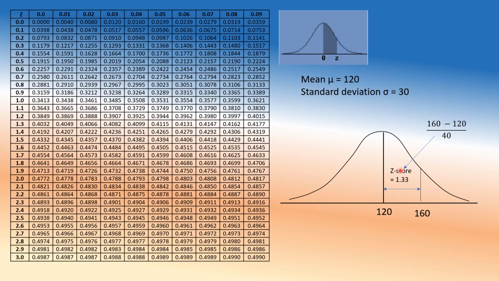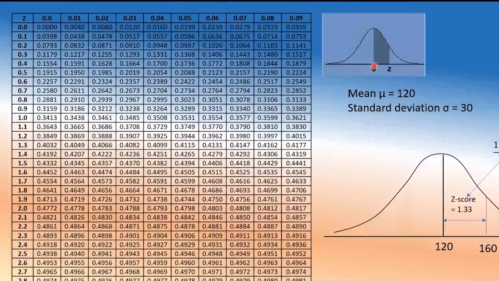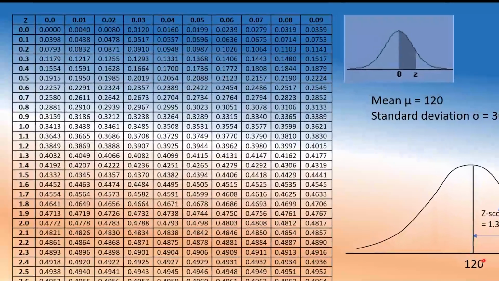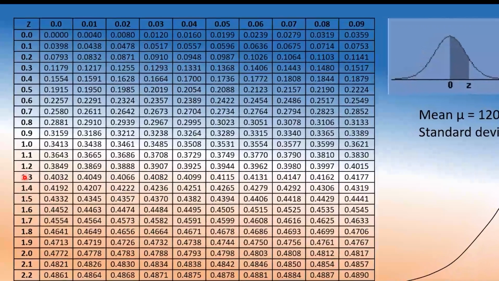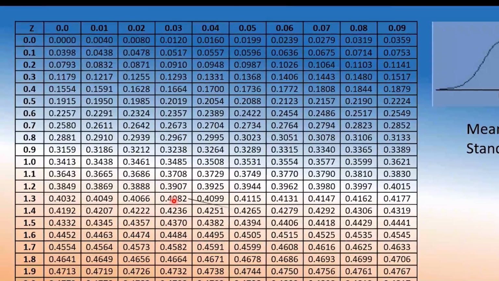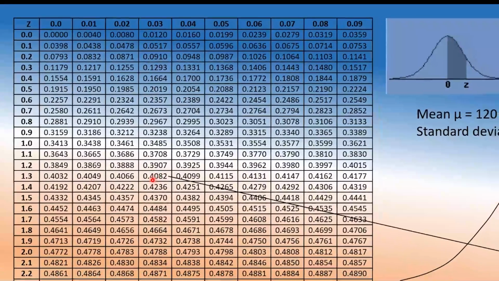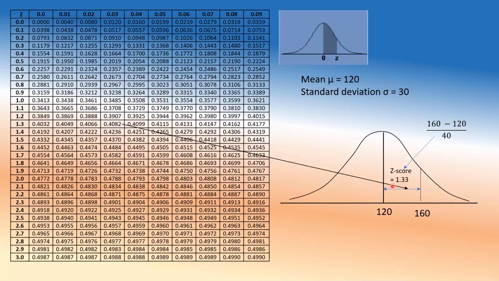So if you have 1.33 sigmas from the mean, this table gives you the area from the mean to that point. That means from there to there. And that will be 1.33, which is 1.3 and 3: 0.4082. What's 0.4082? That's the area from there to there.